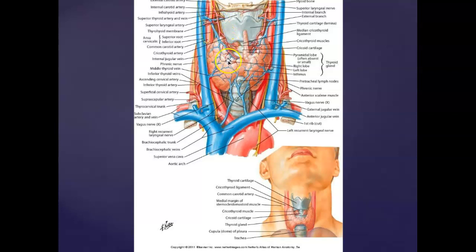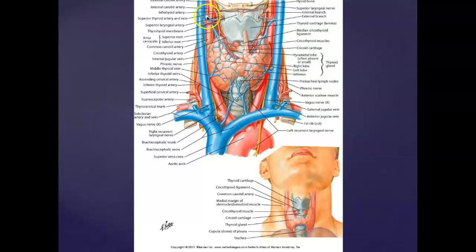Venous drainage of the thyroid, there's actually 3. There's a superior draining the superior aspect of the thyroid. There's a middle, draining kind of the middle aspect of the thyroid gland. Those both go right into the internal jugular vein, right there. And then there's an inferior thyroid vein right here on each side, and those drain directly into the brachiocephalic veins, coming down into the superior vena cava, directly into the brachiocephalics here.